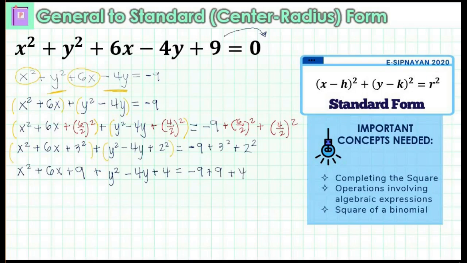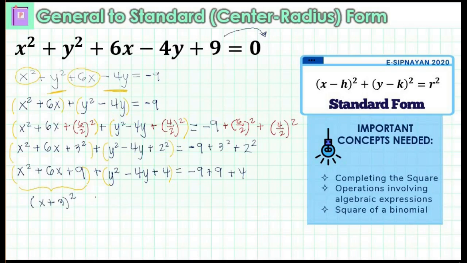After which, for us to be able to factor, we need to group again those perfect square trinomials obtained by completing the square. Hence, we can now factor x squared plus 6x plus 9. The factored form will be x plus 3 squared.